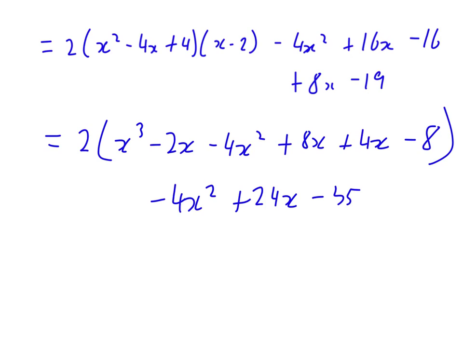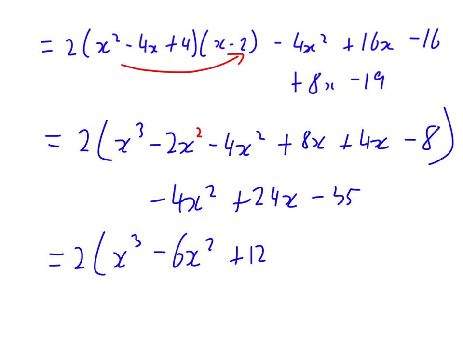Now before I expand this bracket and multiply everything by 2, I'm going to simplify what I can inside here. Just noticed I've left off a squared there. That was from that multiplication there. So x cubed, we've got two x squared terms, negative 6x squared, and we've got our two linear terms, 8x and 4x.